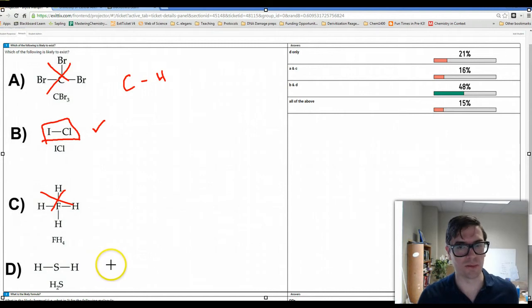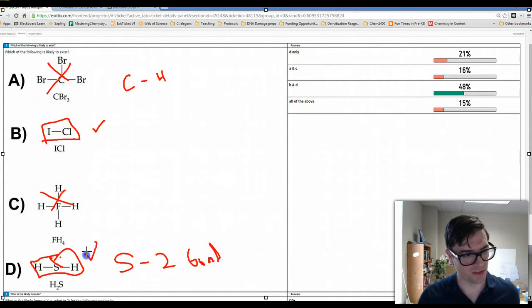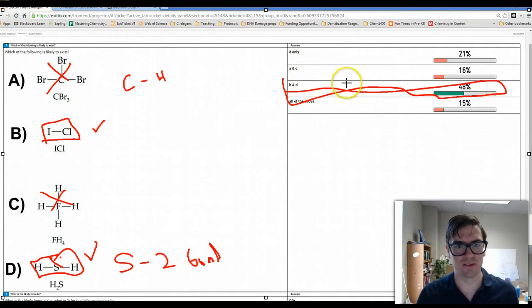And sulfur, remember, is right under oxygen. That could form 2 bonds, and so this is correct. I'm sorry about that. So this forms 2 bonds. So we have a situation where both B and D are correct, and it looks like you got that one. The second most popular choice was D only, which is correct.